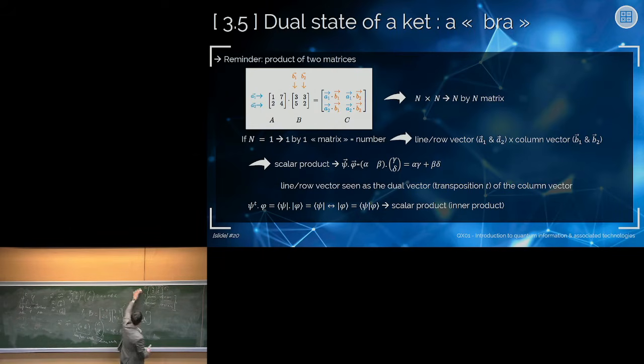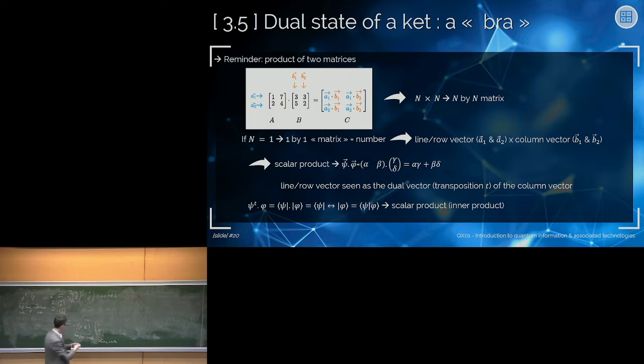So let's get rid of that part. Oops, maybe keep this one. So now the equivalent of that would be the bra times the ket, which is basically to bring the two together.